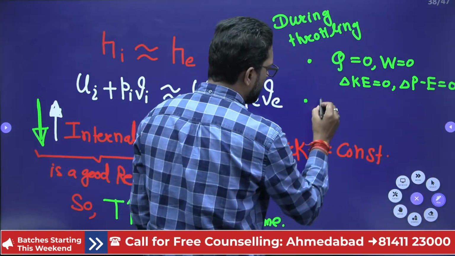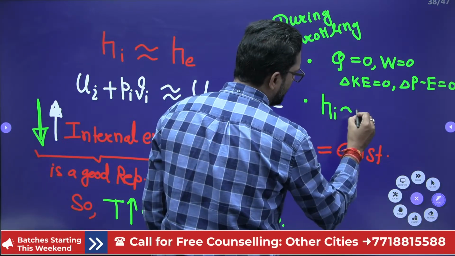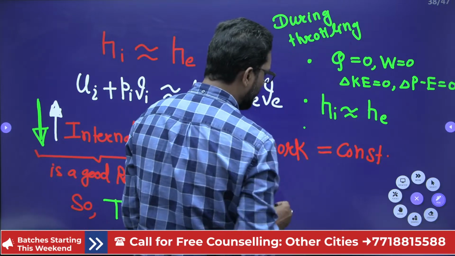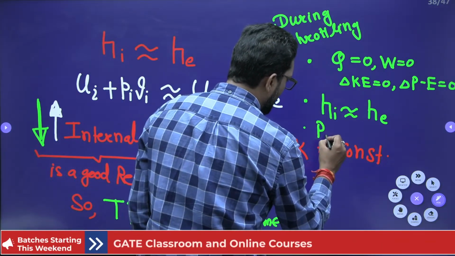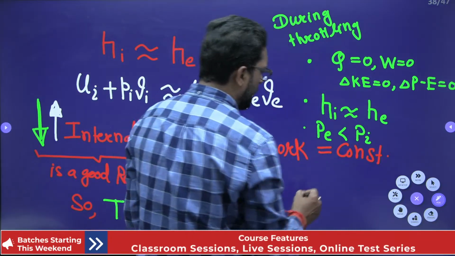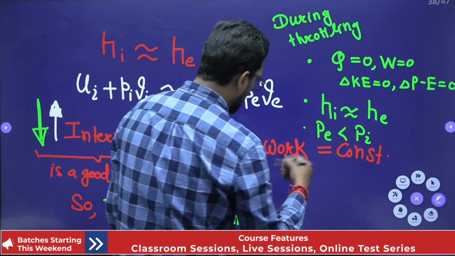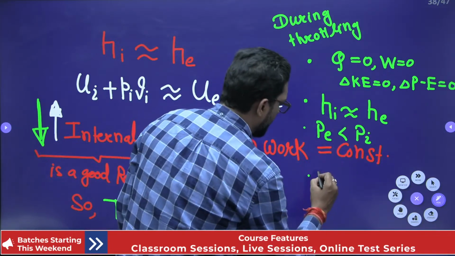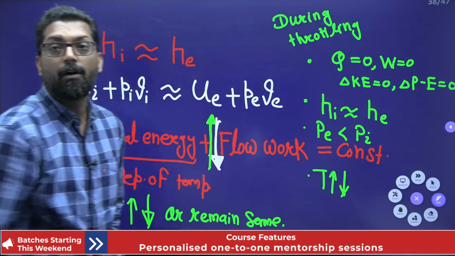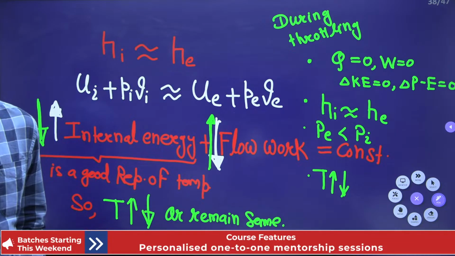Second, enthalpy at inlet is approximately equal to enthalpy at exit. Third observation, P at exit must be less than P at inlet. Fourth observation, temperature may increase or may decrease. These are the points you have to always remember during the throttling process.